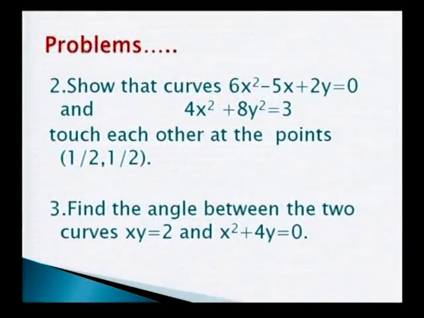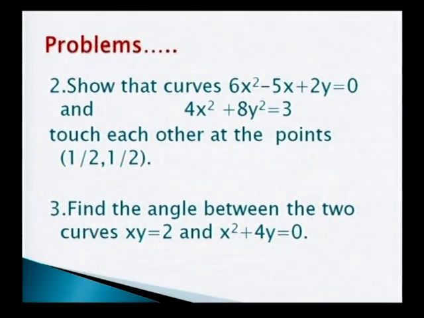So, I am going to do the problems on the second condition, that is show that the curves 6x square minus 5x plus 2y is equal to 0 and 4x square plus 8y square is equal to 3 touch each other at the point 1 by 2 comma 1 by 2.